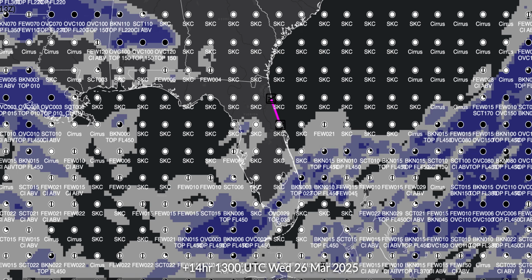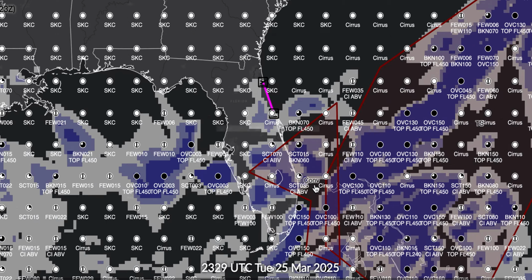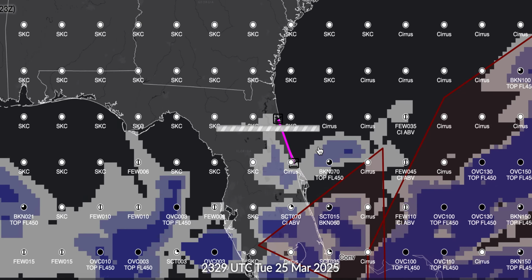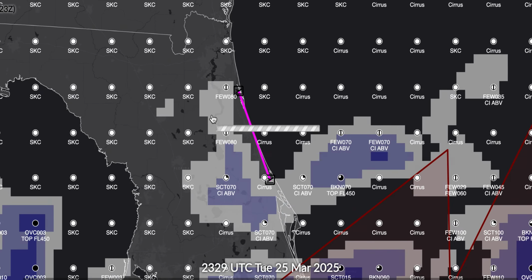Clouds. Wow, that is busy. Alright, so we've got few at 8,000, skies clear. Cirrus. Few 8,000, skies clear. Scattered 7,000, clear above. Skies clear, Cirrus.